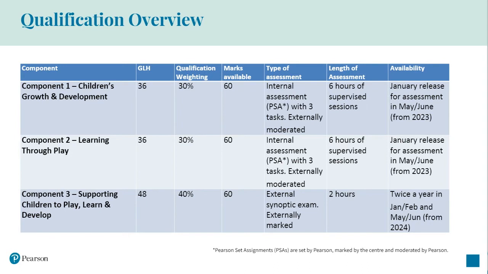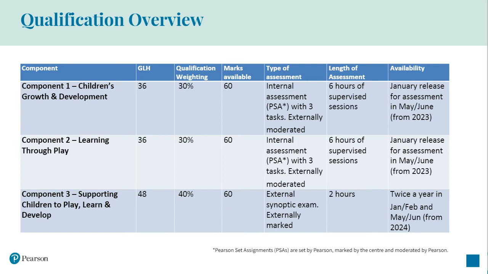The redeveloped Tech Award in Child Development has retained the same three-component structure as the current Tech Award. Components 1 and 2 are each 36 guided learning hours, and each component is worth 30% of the qualification grade.